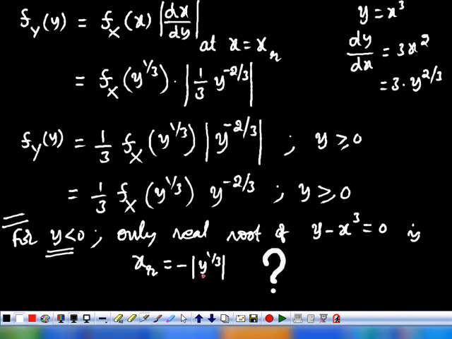See the difference. Okay, we are analyzing the problem from the previous case. In the first case, when y is greater than or equivalent to 0, the only real root is y power 1 by 3. When y is negative, again we have a root. The magnitude of the value of that particular root is same as that of the previous case, but its sign is different. You see the diagram, you can understand.